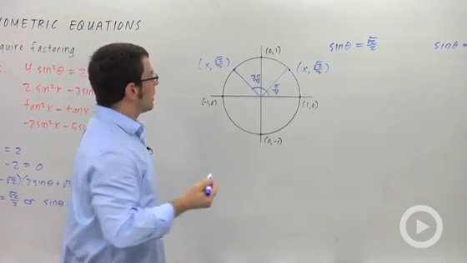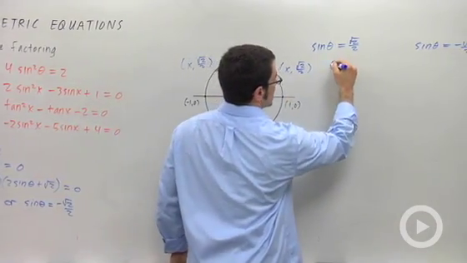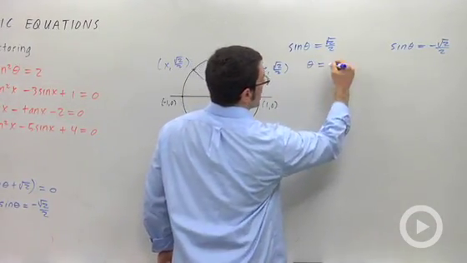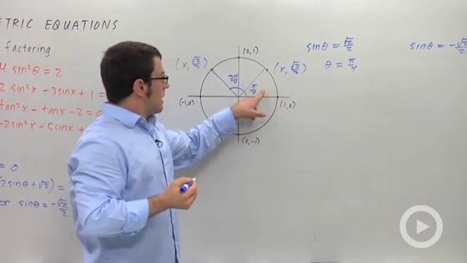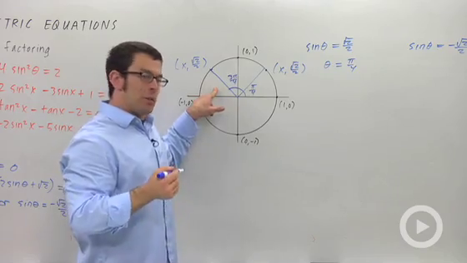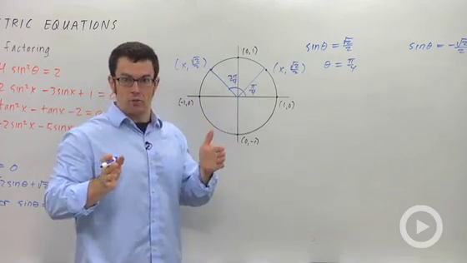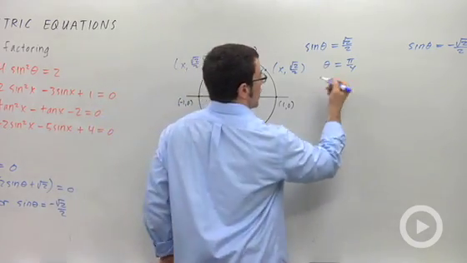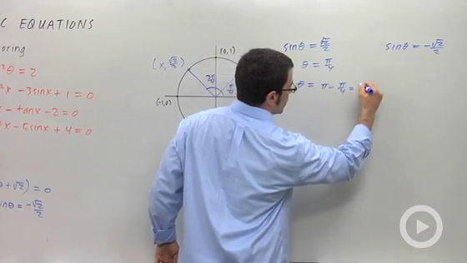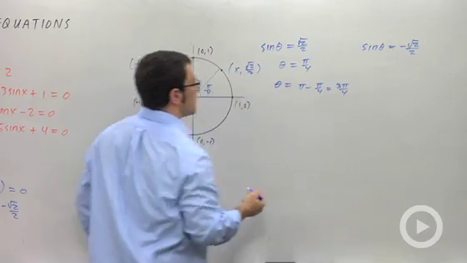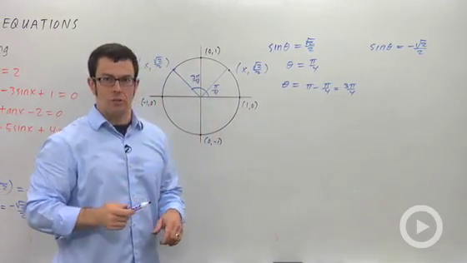Remember, when you're solving a trigonometric equation, a sine equation particularly, if you find one solution, another solution can be found by taking the supplement, because the sine of two supplementary angles will always be the same. So another solution will be pi minus pi over 4, which is where we get the 3 pi over 4. So that gives us two principal solutions.